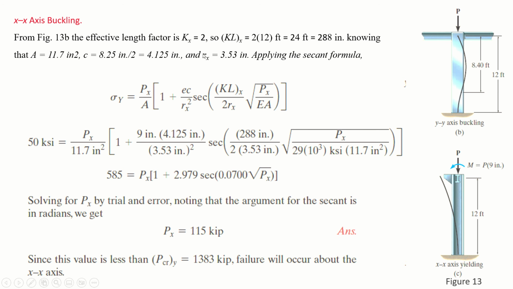Therefore we are using the secant formula about the x-axis. So putting all the details in this formula, we get the value of Px, which is equal to 115 kips. Since this value is less than P critical, which was 1383, therefore failure will occur about the x-axis.